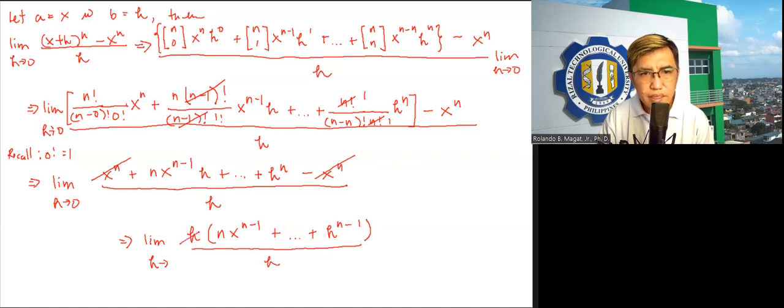I can cancel out h, and this implies that I have the limit of n times x raised by n minus 1 plus up to h raised by n minus 1.